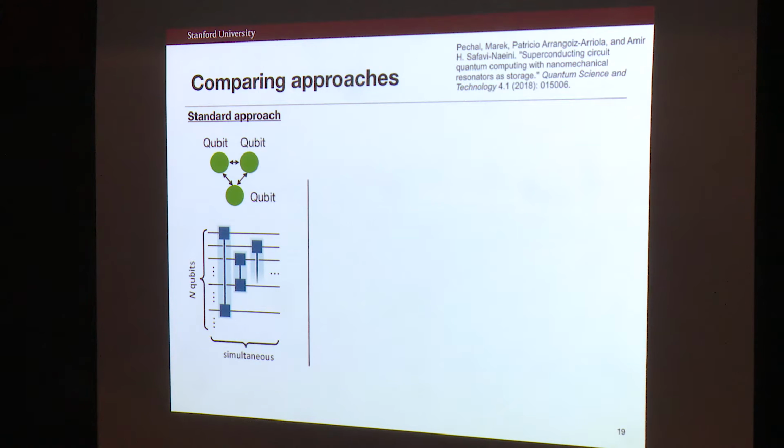Okay, so how do you compare this standard approach to this random access approach? In the standard approach, you have n qubits and there's gates, and you can do these gates simultaneously. These are 2 qubit gates between your qubits, and let's even forget that there's any geometric limitation on the range of the interactions. So let's say we can do any 2 qubits, and they can all be done simultaneously.